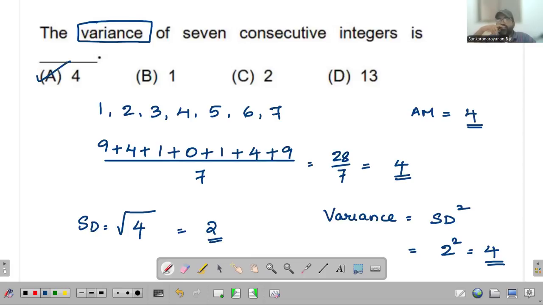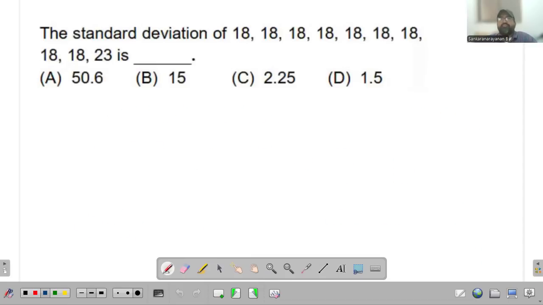So that is sufficient. My final answer is 4. The variance value is equal to 4. So that brings conclusion to question number 19.